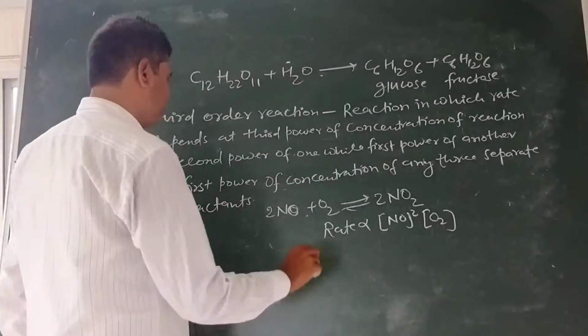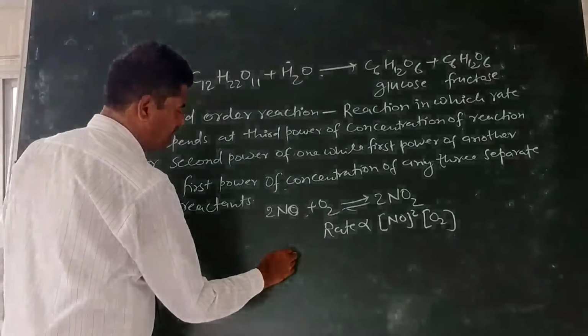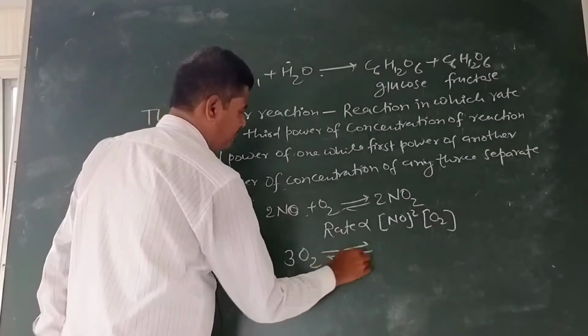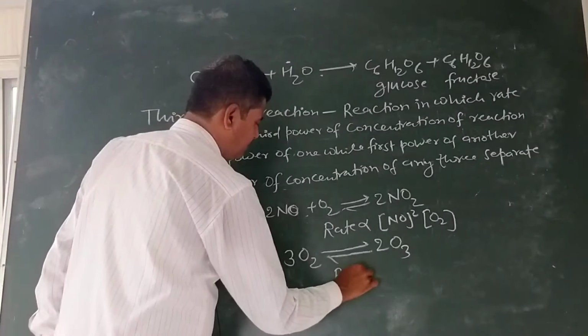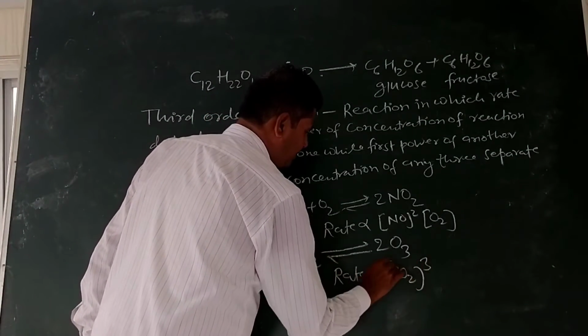Order is 3. Another example, 3O2 gives 2O3. Rate is proportional to third power of oxygen.